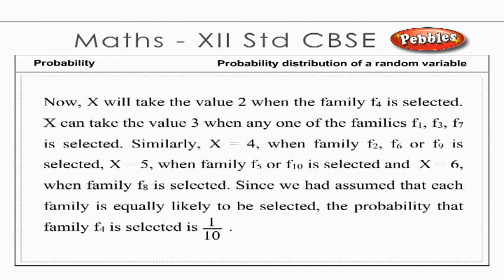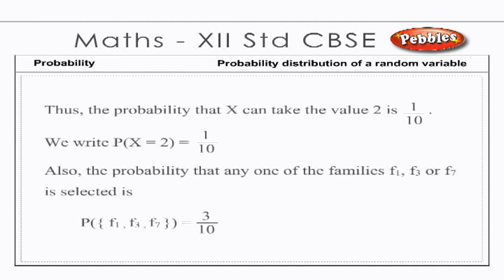Similarly, X equal to 4 when family F2, F6 or F9 is selected, X equal to 5 when family F5 or F10 is selected, and X equal to 6 when family F8 is selected. Since we had assumed that each family is equally likely to be selected, the probability that family F4 is selected is 1 by 10. Thus, the probability that X can take the value 2 is 1 by 10.